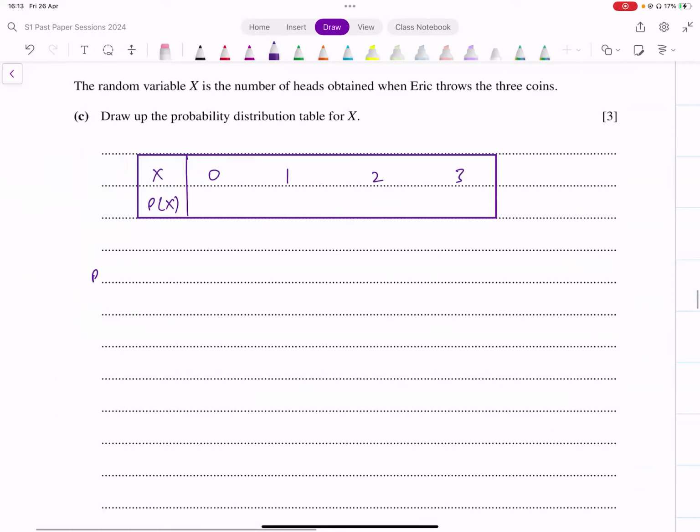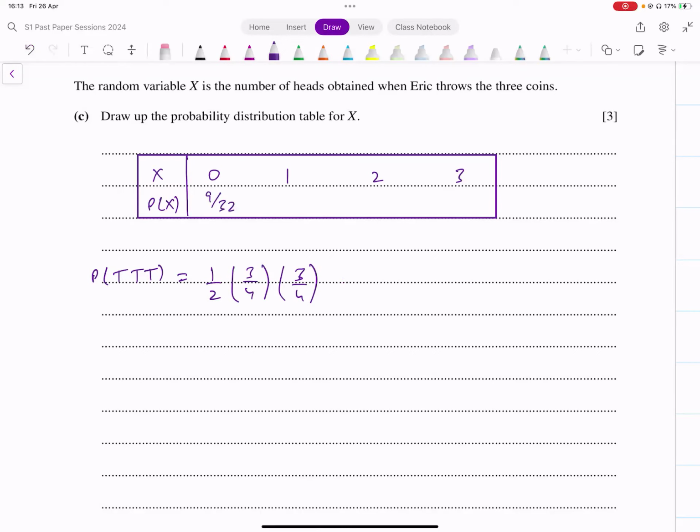Let's find that probability. Probability of there being all tails, that will be 1/2 into 3/4 into 3/4. What's that? 9 divided by 32, right? You can just leave it like that, 9/32.